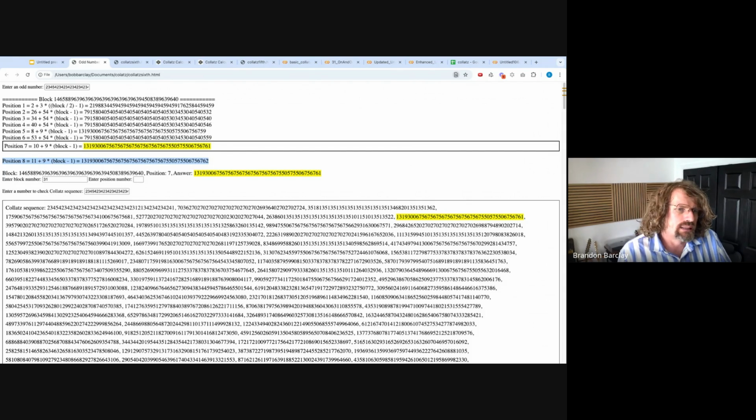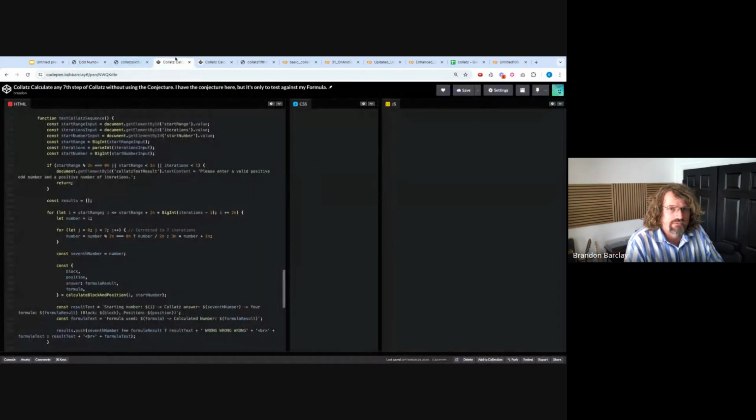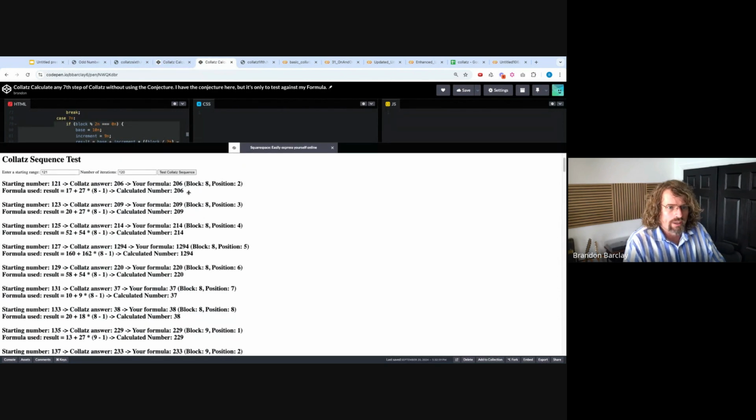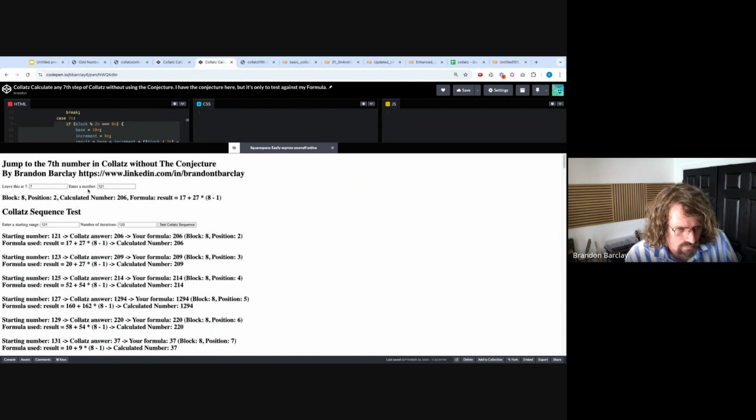But this is how I'm calculating these, and you can see in the 7th, the one that I posted on the CodePen, that this is not as detailed as that other block position one. This just tells you the answer, which, I don't know why I simplified it to this.